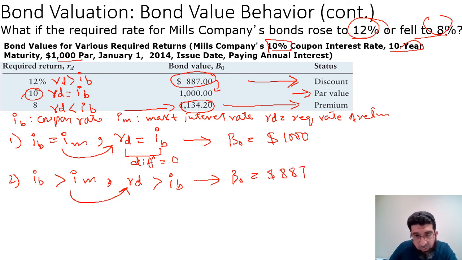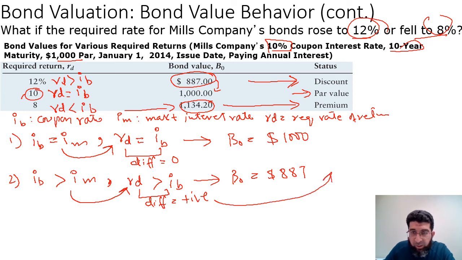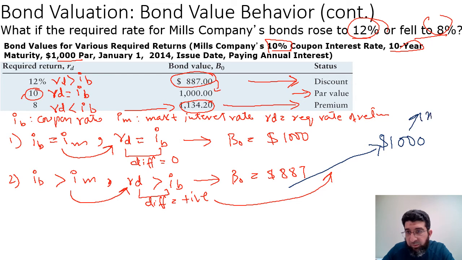But what I want you to understand is that RD and IB have a difference, and this difference is positive. What the market does is incorporate this difference in the valuation, in a way that when $887 increases to the $1,000 paid at maturity, it does so at a higher speed, because the required return is higher than the coupon rate, hence it will quickly reach $1,000.